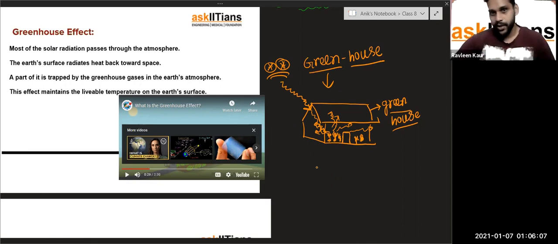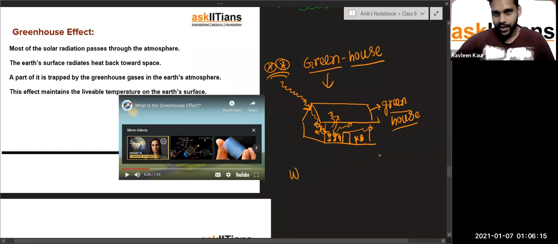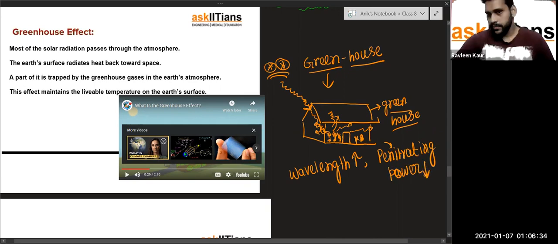If you want to know why, after getting reflected, light has a larger wavelength. As it has a larger wavelength, it has a lower penetrating power. So wavelength is getting increased and penetrating power decreases, right? As the penetrating power is decreasing, the light is not being able to go out of the system, and it is keeping the heat inside.